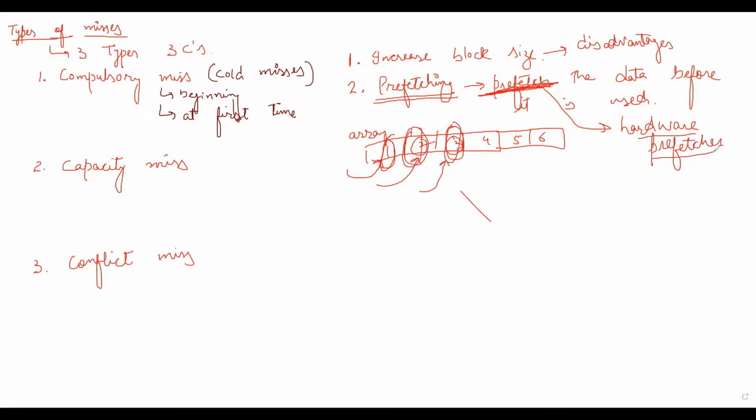So it will say that since it is processing the third, there is a probability that it will need the fourth. So when it is processing the third item, we will prefetch the 4th, 5th, and 6th items. Okay, so there will be compulsory misses for only these 3. For these 3, because of prefetching, there won't be any compulsory miss.